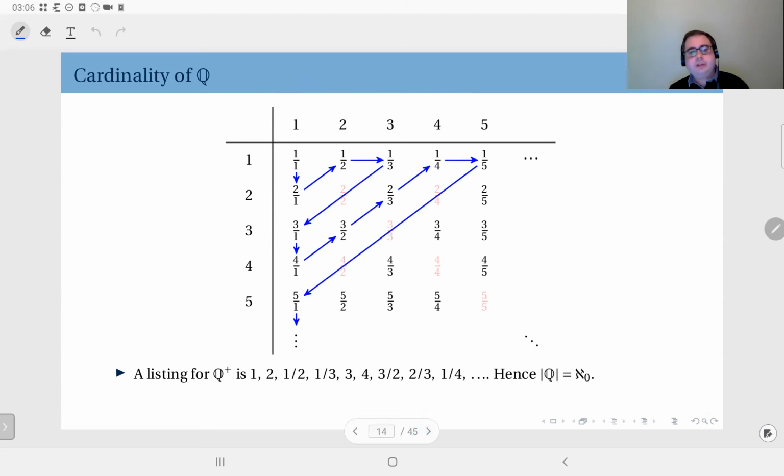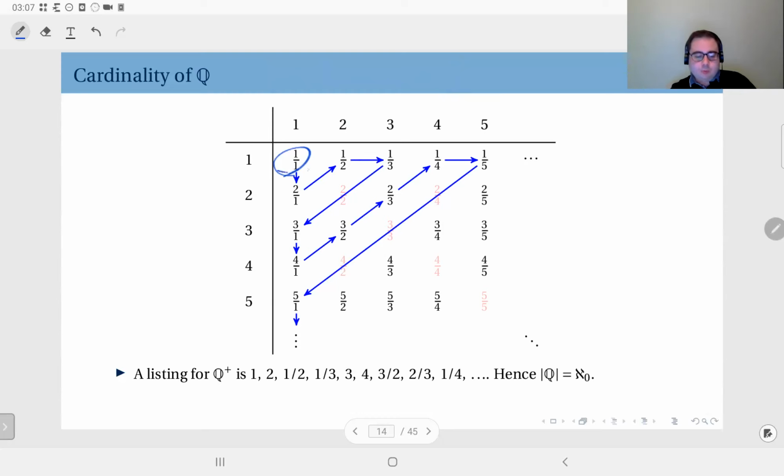Now here, this is a little bit different because there are repeated entries. Let's say you start with 1 over 1, okay? And here, I'm not going to do the Cantor's order. It's a little bit different. This is like a snake moving along this table. But this is also a widely used approach to such sets.